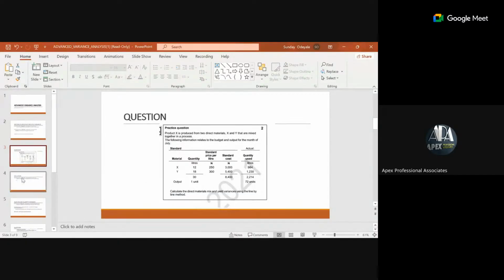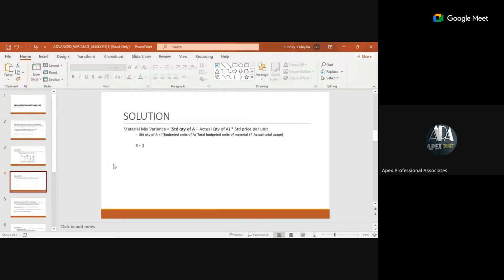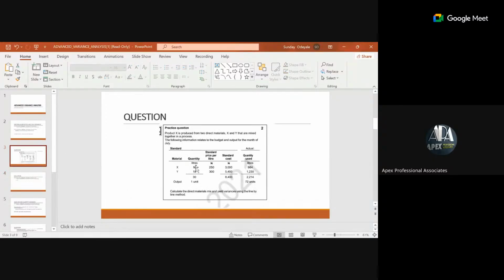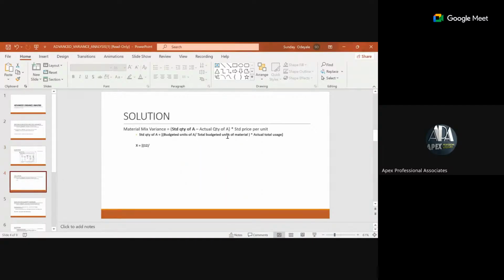In our budget, we said 12. So 12 divided by, in total, we budgeted to use 30, which is your total budgeted unit of material. So that will be 12 over 30. And this 12 over 30, like I mentioned, is what we call your standard proportion.